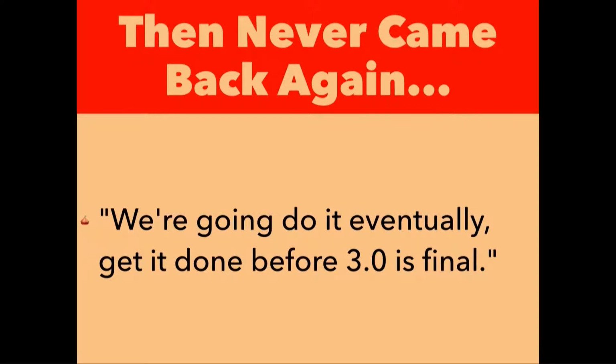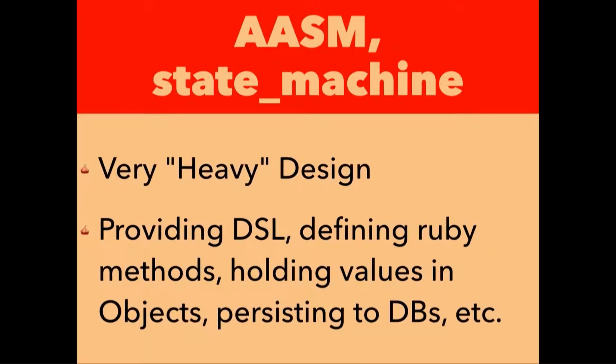I guess the reason is that the state machine gem was too huge to add and to maintain, too huge and too complex. So it was difficult to merge and maintain.